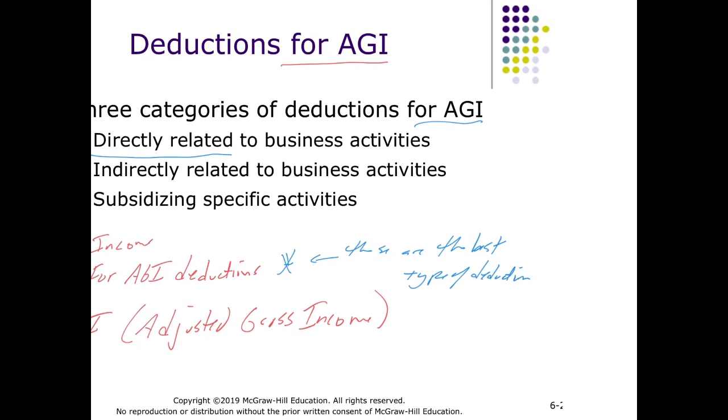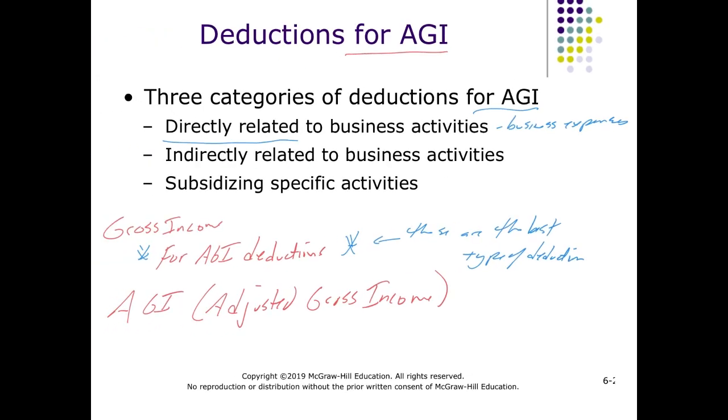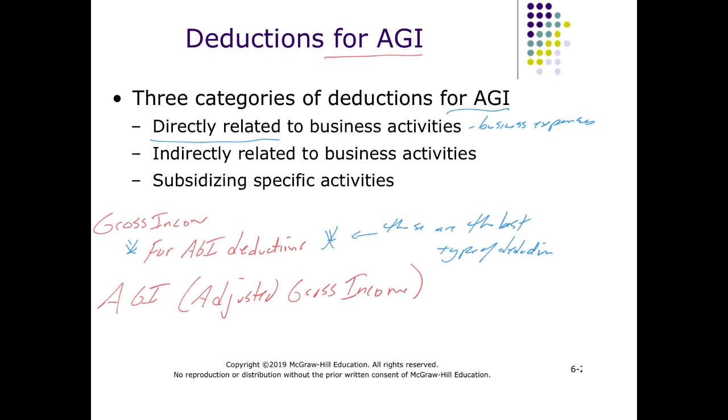All right, so I'm going to slide things over a little bit and write business expenses. Okay. And these business expenses are really the most common and the largest category of 4 AGI deductions.